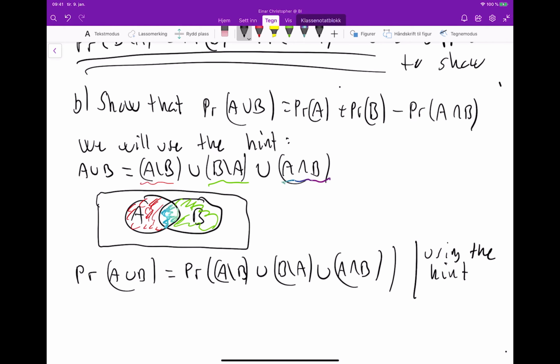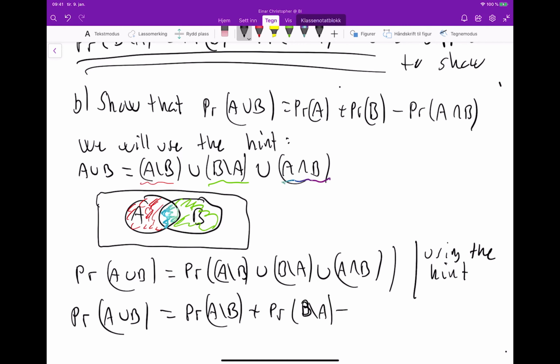As we just saw, these three events inside the big parenthesis are disjoint. Therefore, we can write this as the probability of A minus B plus the probability of B minus A plus the probability of A and B.